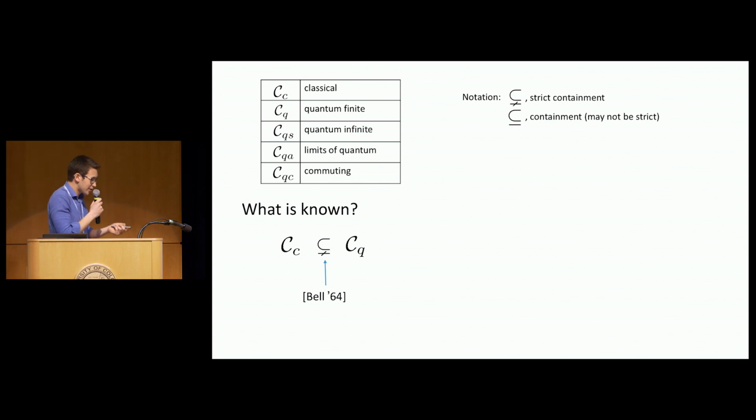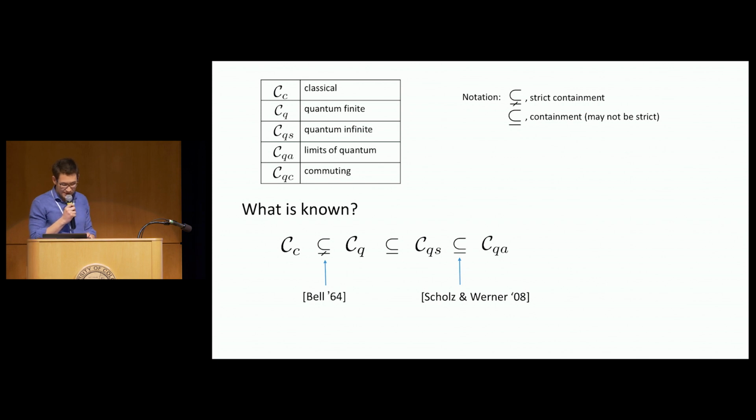But then, how do we formalize entanglement exactly? So the next containment is just a trivial containment. Finite dimensional quantum correlations are contained in the infinite dimensional ones. I'm not saying a strict containment, just a containment. The next non-trivial containment was shown by Scholz and Werner in 2008.